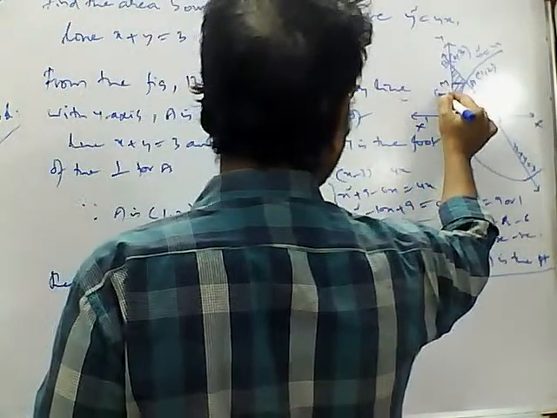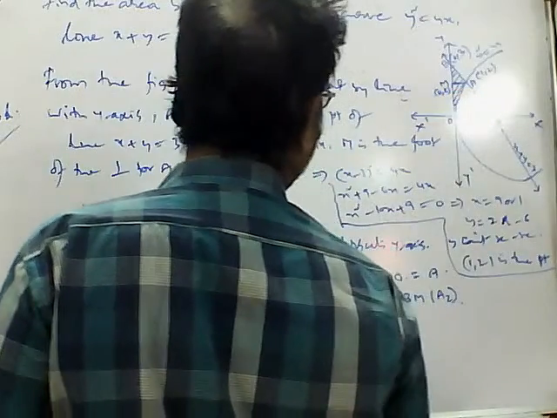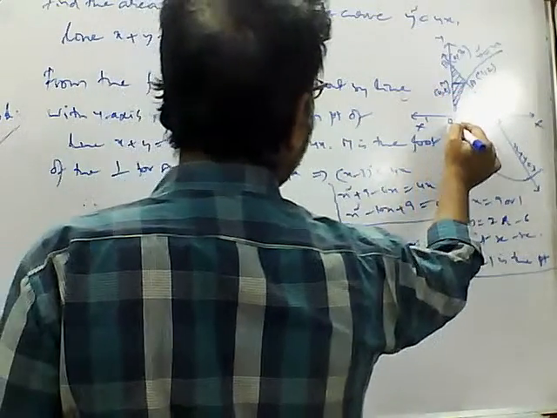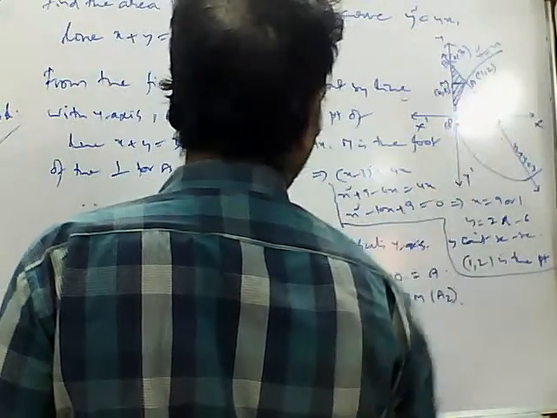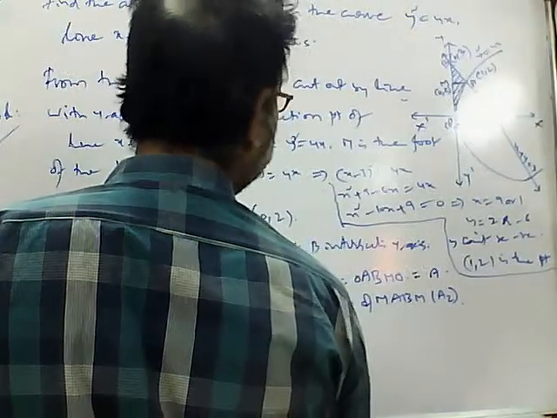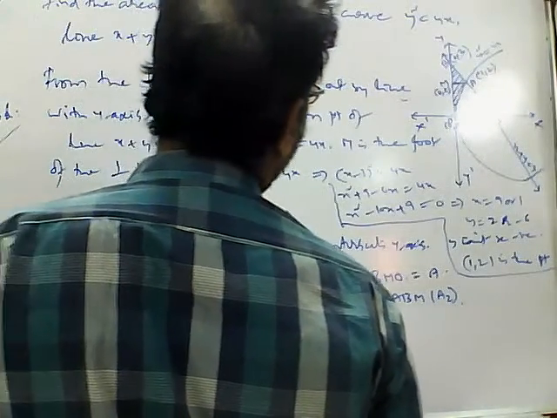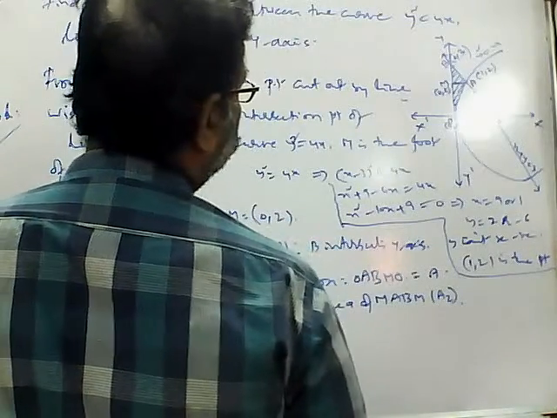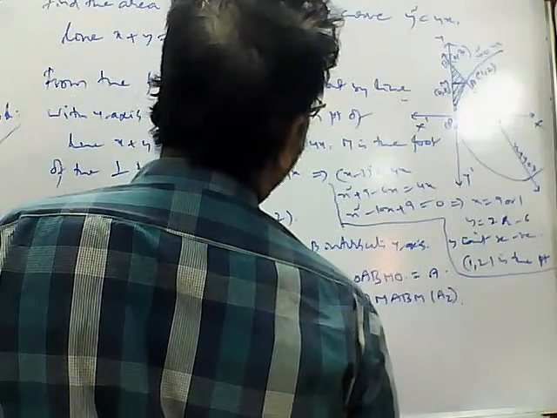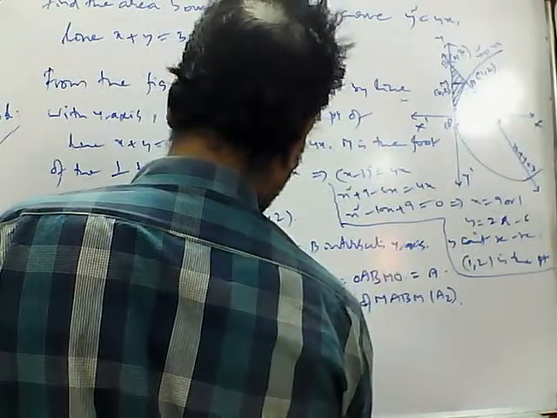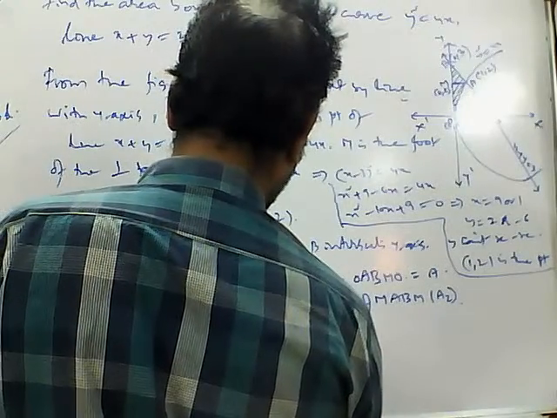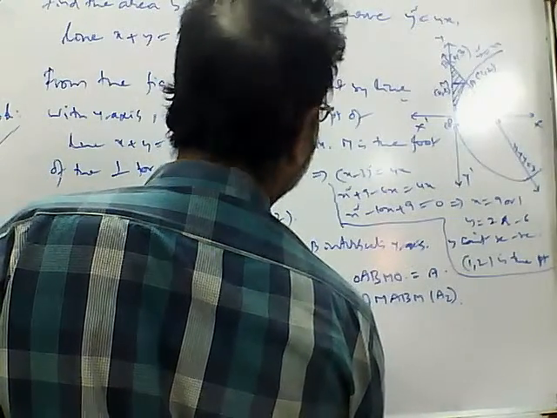This is 0, 2, right? This is 0, 0. From 0 to 2, you take x dy. X means with respect to the curve. X means 1 by 2 y... that is equal to half, y square by 2.